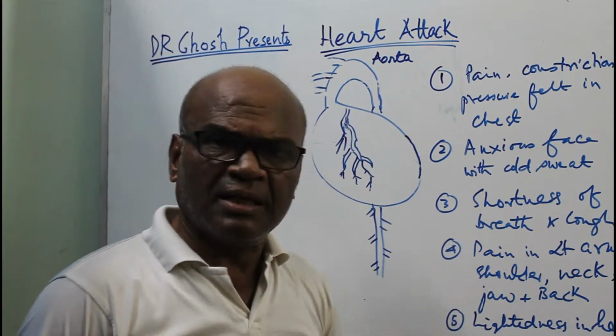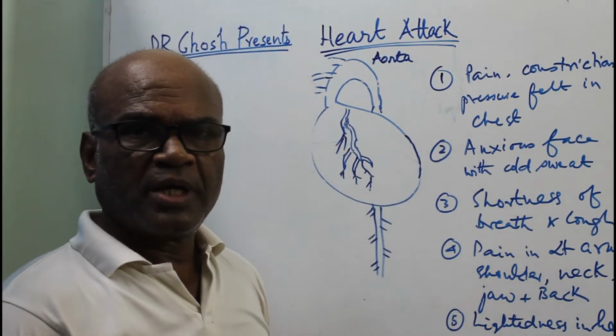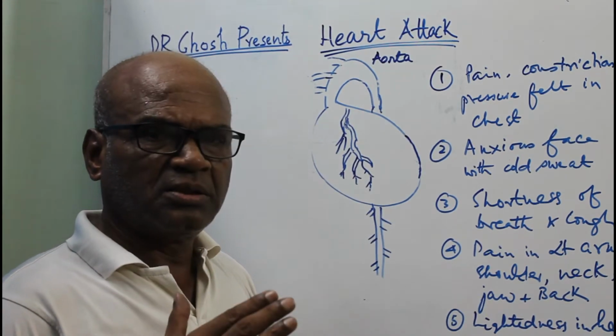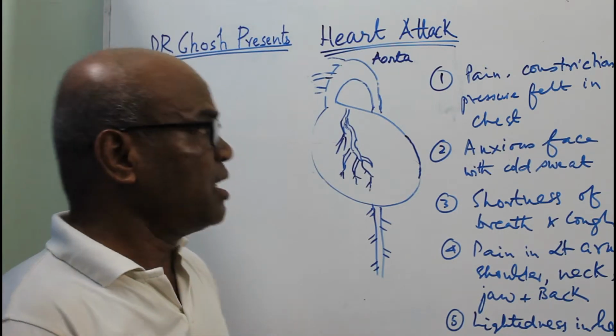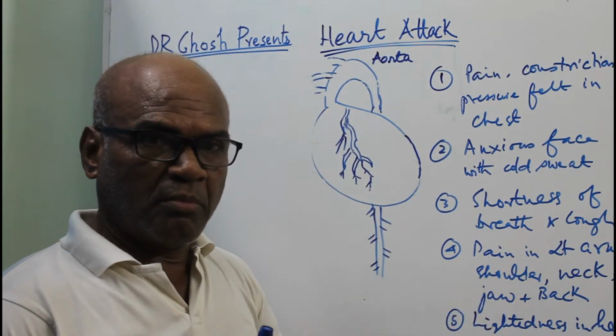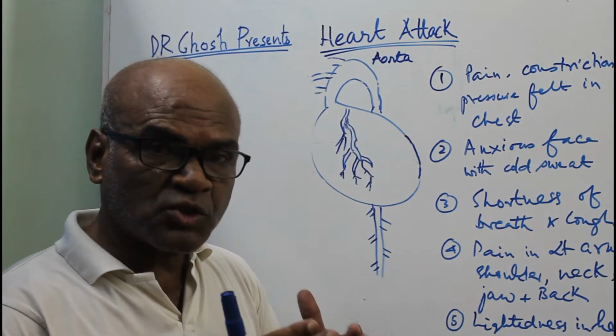If you can see just two symptoms of this, you can almost take it for granted that the person has been attacked with heart attack, provided the person is 50 years or more.